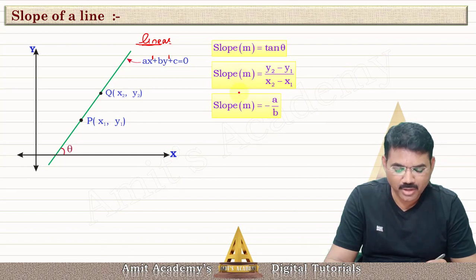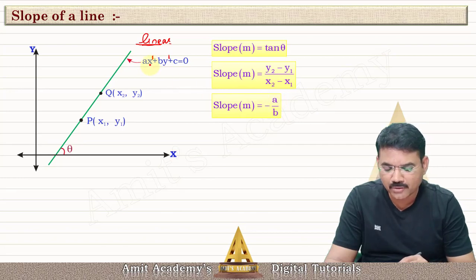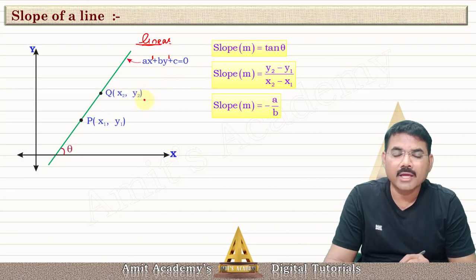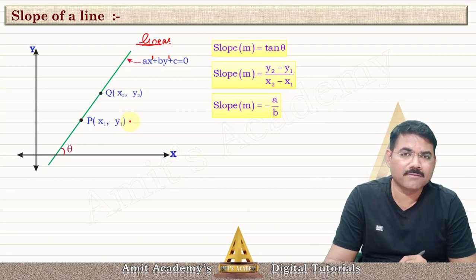And the third formula is slope m is equal to minus a by b, where a is the coefficient of x and b is the coefficient of y in the given equation of line. So by using these 3 formulas we can find slope of a line.